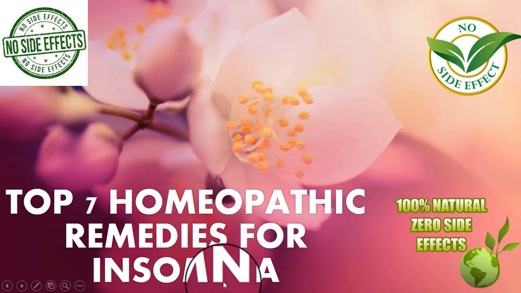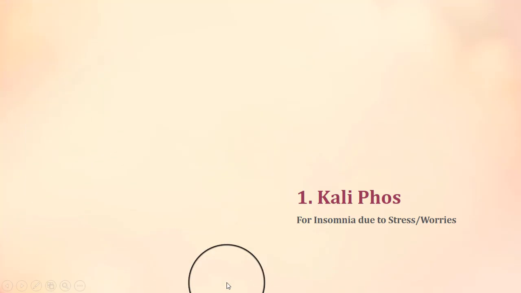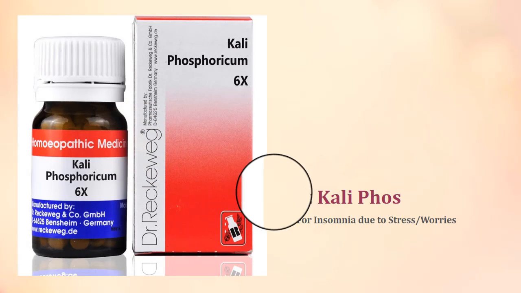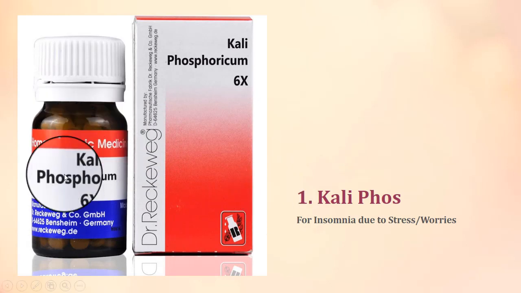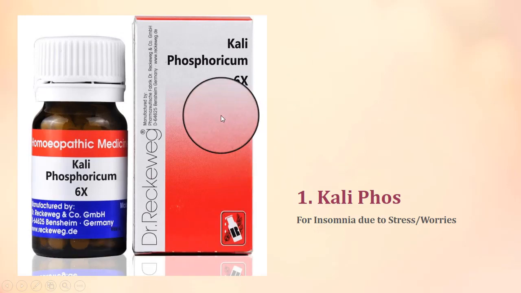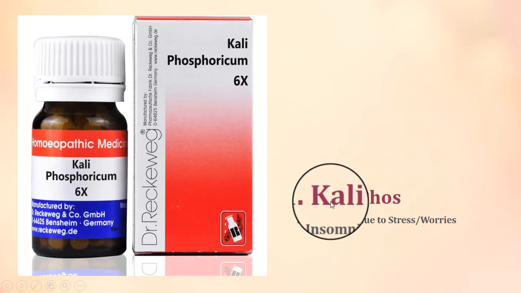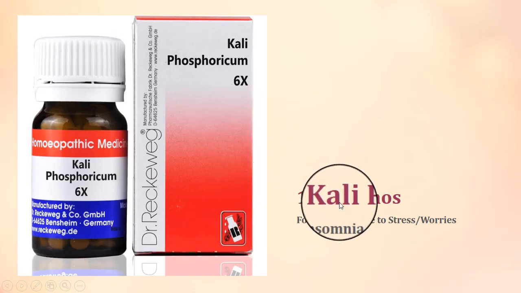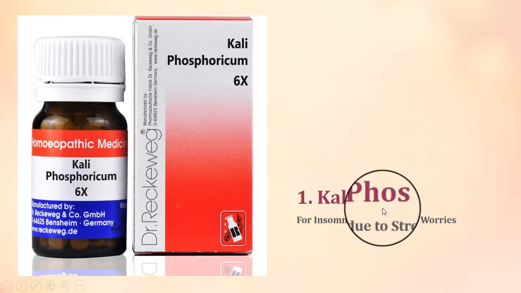So the first medicine, as you can see here on the screen, we have provided a picture, that is PHOS. This is the first best indicated remedy for insomnia due to stress and any kind of worry.